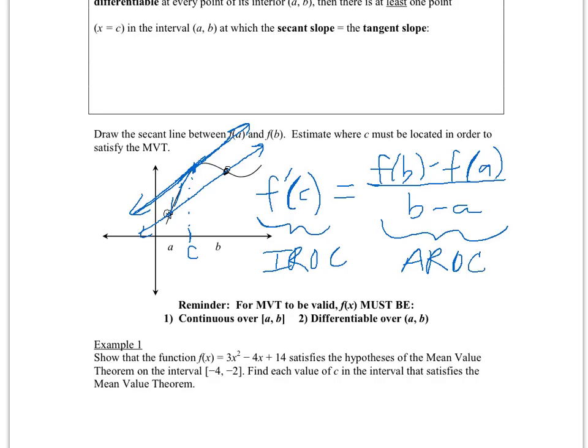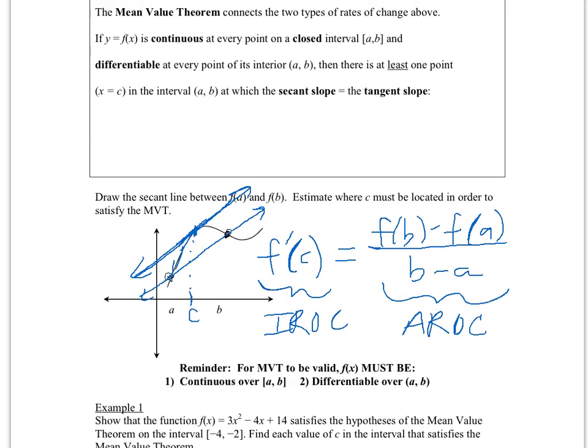Okay, so I'm going to go back up to the little mean value theorem box up here, and that's what I would fill in. There's at least 1 point. As long as the function is continuous on a closed interval and differentiable at every point on the interior, then there is at least 1 point at which the derivative will match the slope of the secant line.